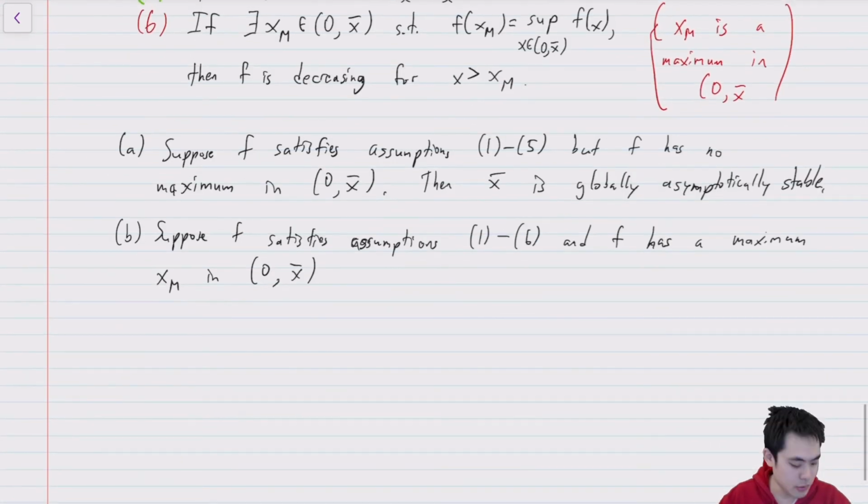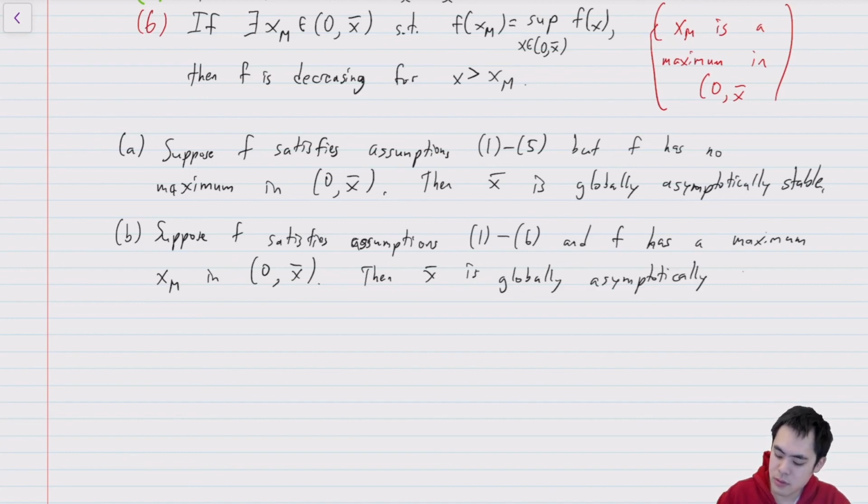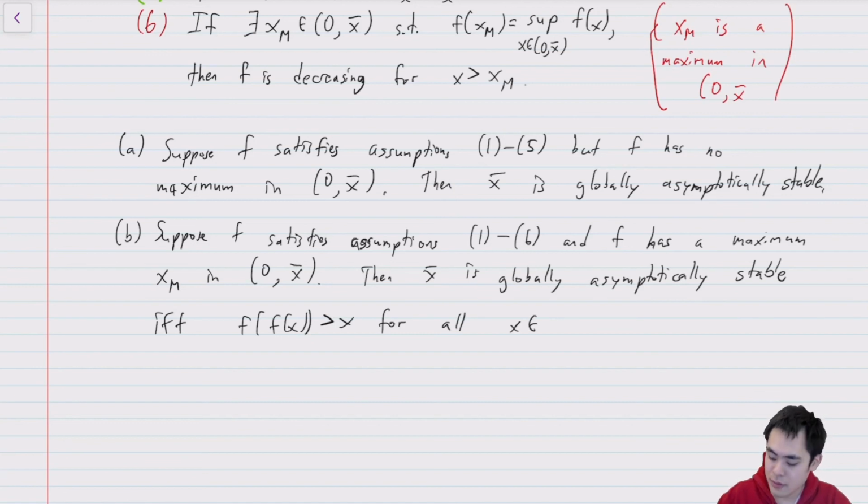Let me scroll up a little bit. Then x bar is globally asymptotically stable if and only if f of x is greater than x for all x in x sub m comma x bar.